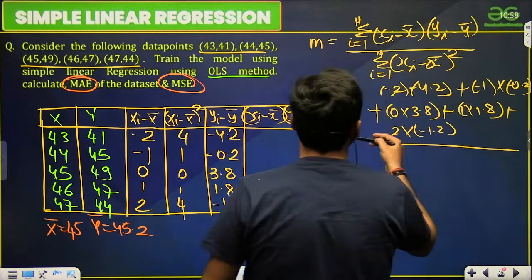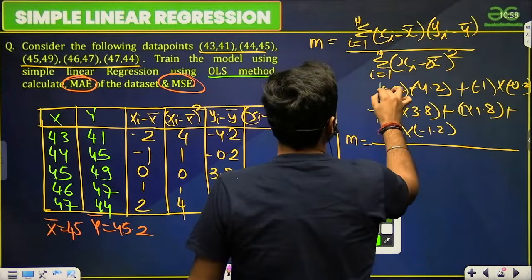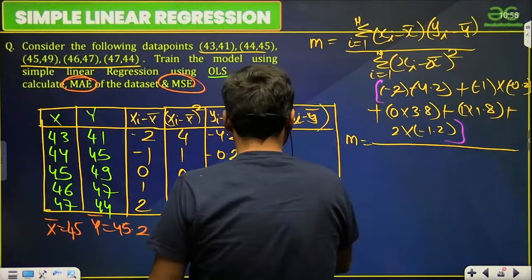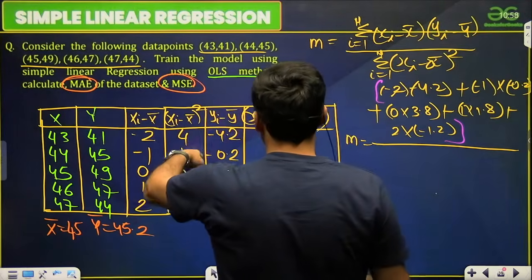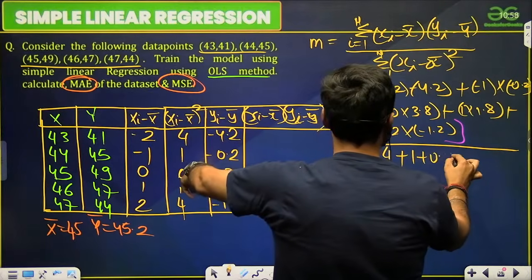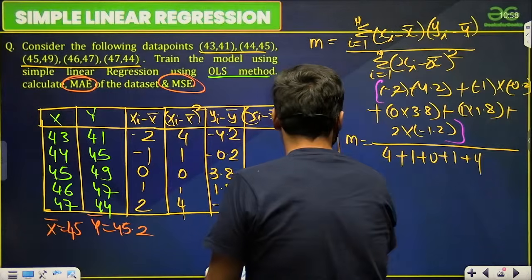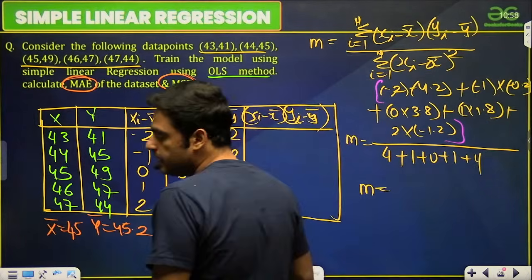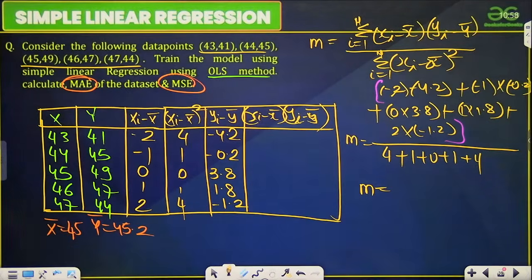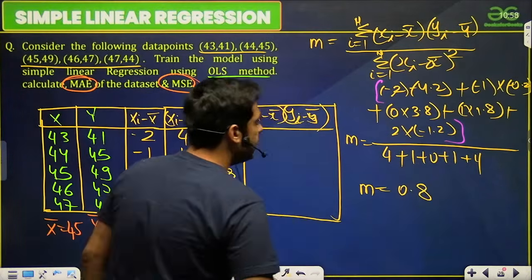This is the numerator of m, upon xi minus x bar whole square, so 4 plus 1 plus 0 plus 1 plus 4. The value of m I would get is 0.8.